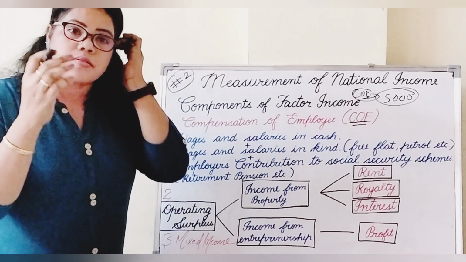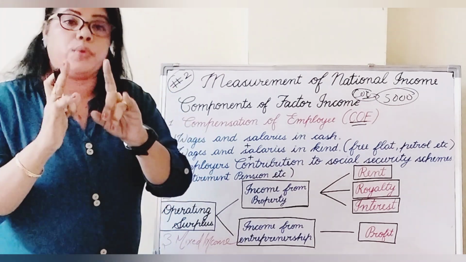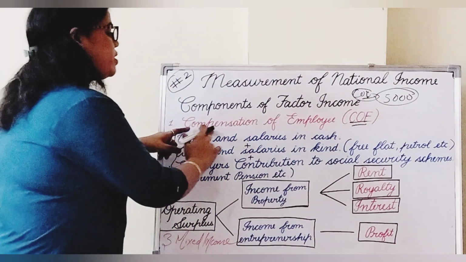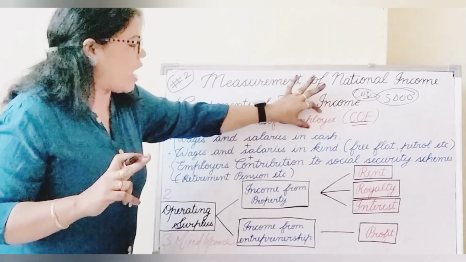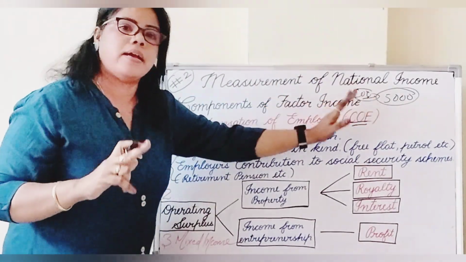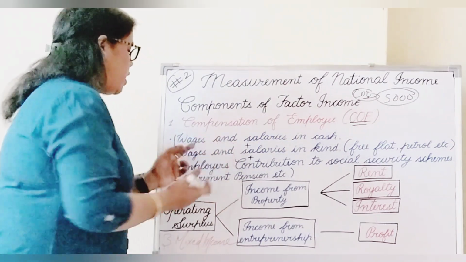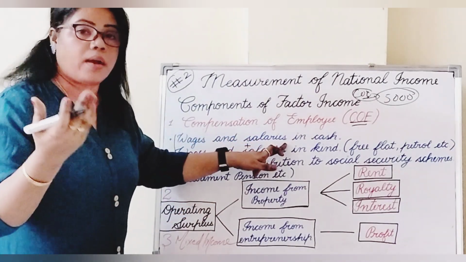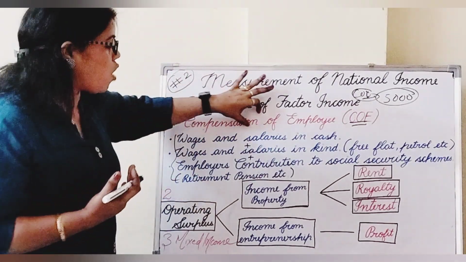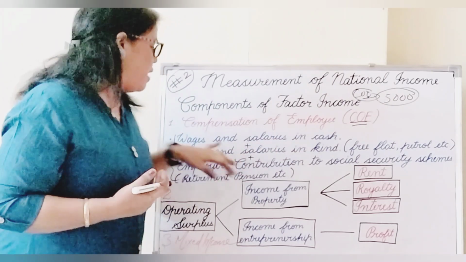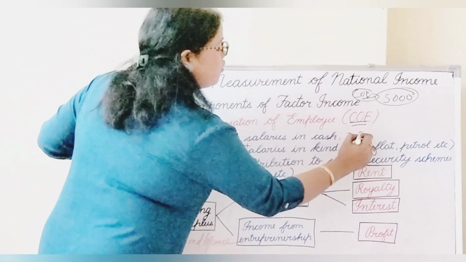So whenever a question comes for calculating national income by income method, what you have to focus on is compensation of employees. If the value of compensation of employees is directly given, then you ignore these three. To confuse you, the examiner may give you compensation of employees equal to 5,000, and again give the value of wages and salaries as 2,000.